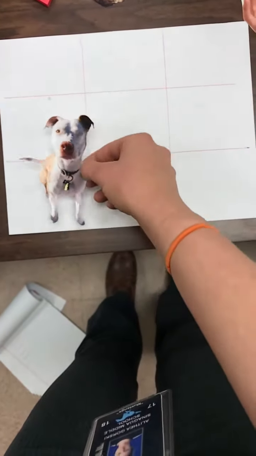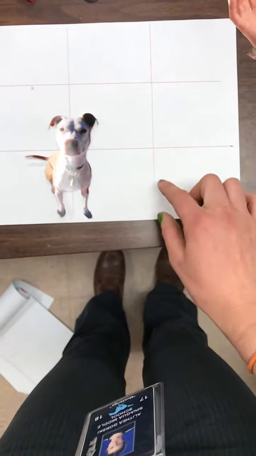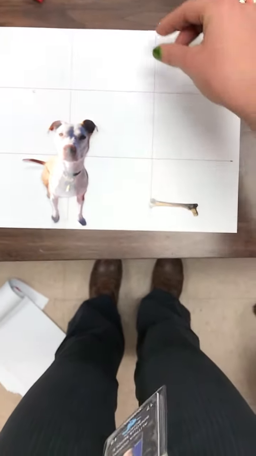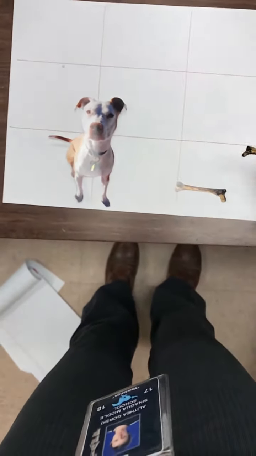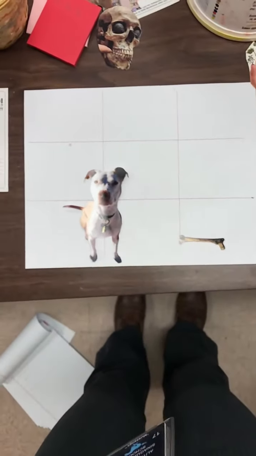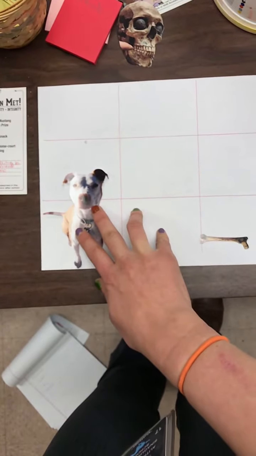Now in a collage, say I put him here and all of his bones are over here. In a collage, it's really easy to just pick your pieces up and physically place them where you want them to be. So right now, this looks a little squished. I'm going to move him over here.